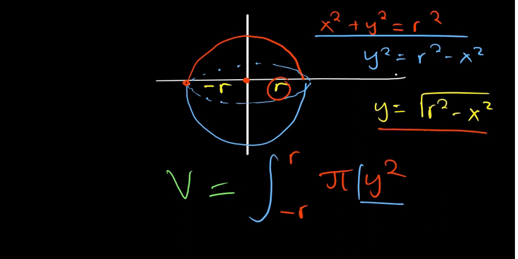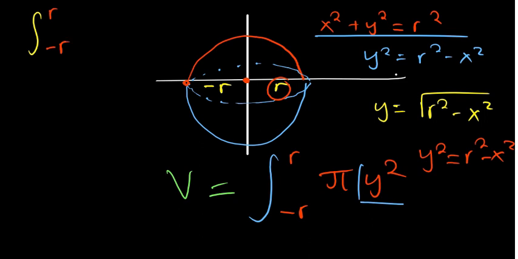In this case we've got y, so if we square both sides to determine y squared, on the right hand side we are going to have r squared minus x squared. So therefore we now have the integral from negative r to r of pi times y squared, where y squared is r squared minus x squared.